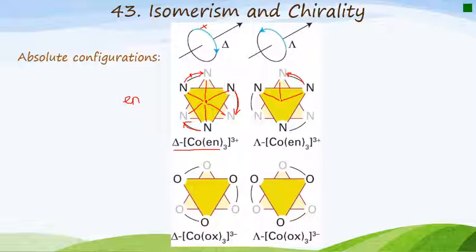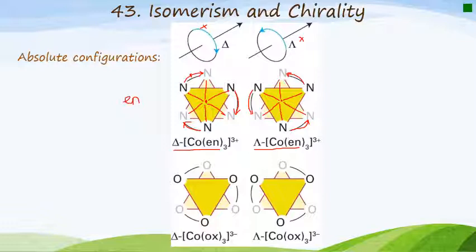And you can then see that the carbon chain is this way and this way. What I've drawn, if you follow the circle, is an anti-clockwise rotation. This anti-clockwise rotation, in terms of the definition up here, is a gamma. And we see that this is now a gamma tris ethylene diamine cobalt 3.